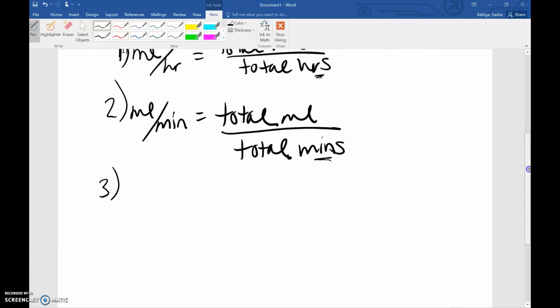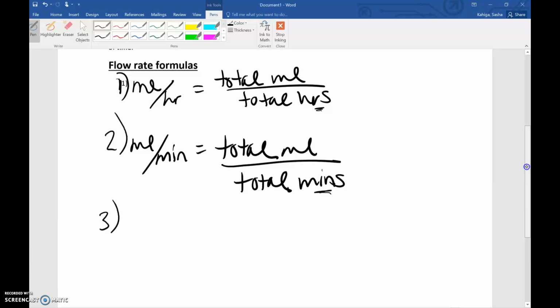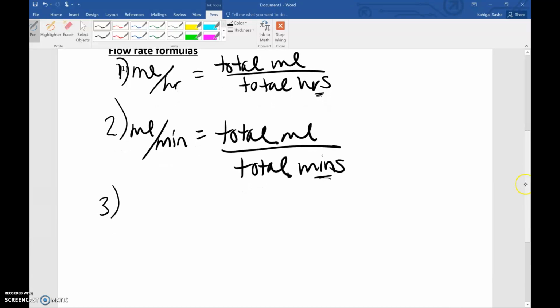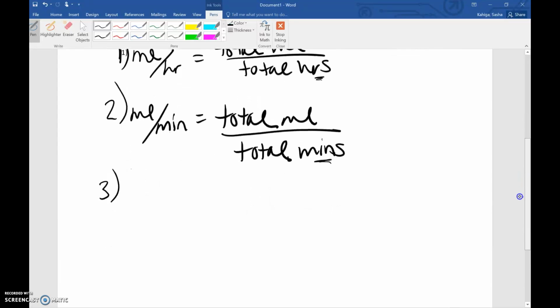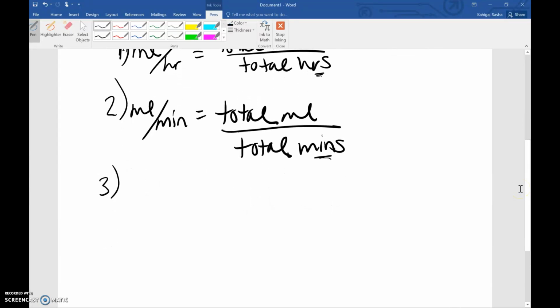Another formula that I want you guys to know is that a flow rate can also be determined where it says the rate of medication the patient is receiving over a period of time. Well, the rate of medication could be in its liquid form or it could be in its weight form. So if the problem is asking the weight of drug per time, that could be a number of things.